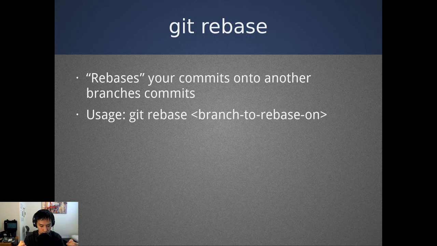Now let's say I want to keep my work that I've done on my branch, all the commits I've made so far, without affecting any of the things other branch has. What I'll do is, while I'm on my branch, call git rebase other branch. What that'll do is take all the work I've done on my branch and replay it on top of the latest commit on other branch.